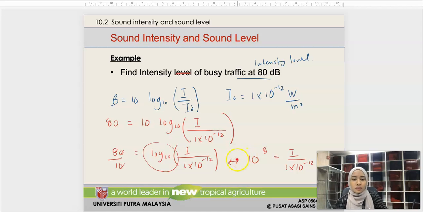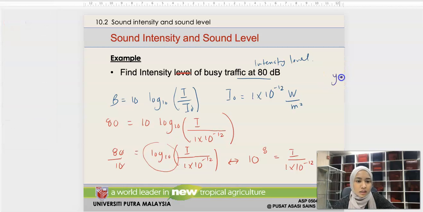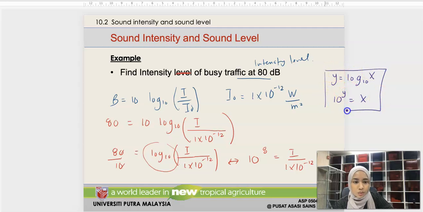So 10 is the base of my log. If I were to simplify this, I would say y equals log10 x. Okay, so finding the inverse is 10 to the y equals x. So this should be your equation to find the inverse of log.